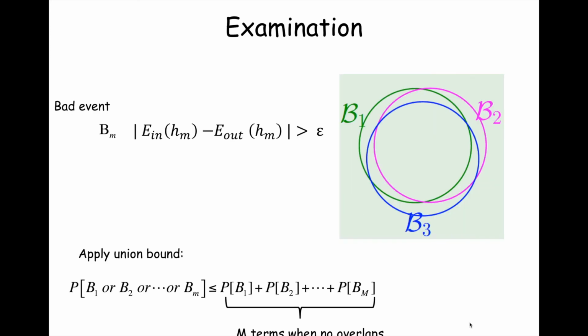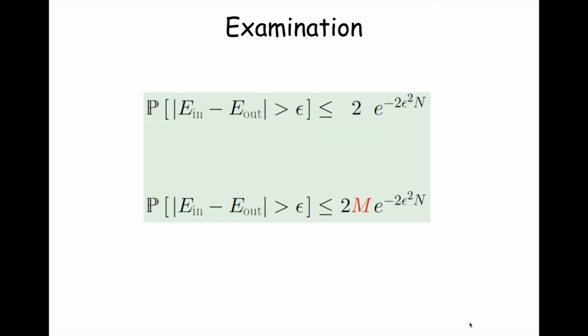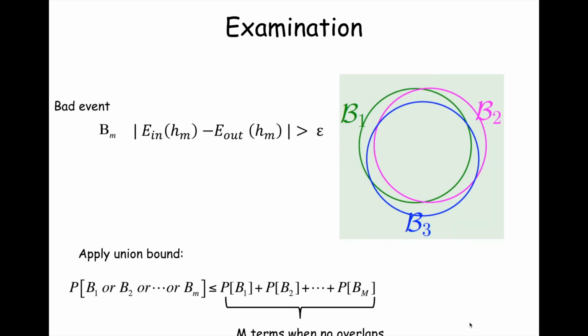Okay, when you think of what this expression inside of the union bound is saying, it's looking at the probability that an undesirable event will occur. So let's assume that we have some event, we'll call it script B, the event that E in and E out diverge by more than epsilon.